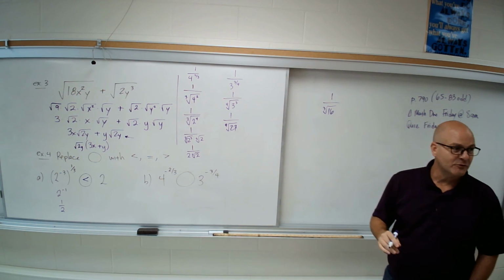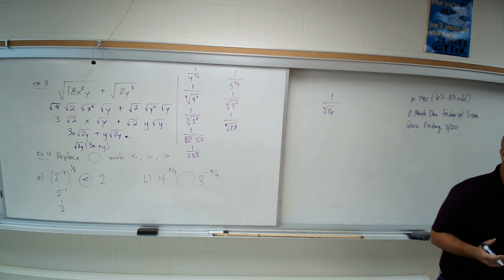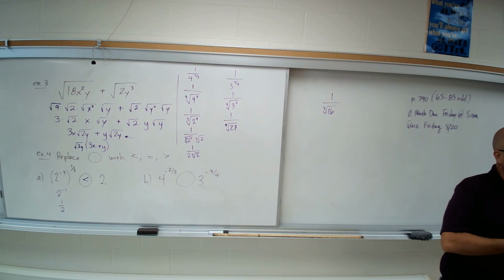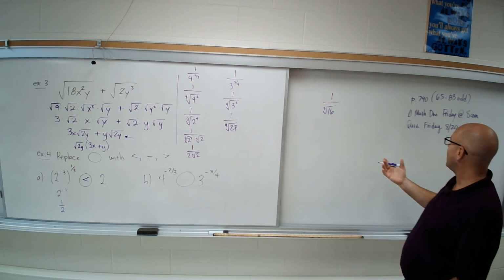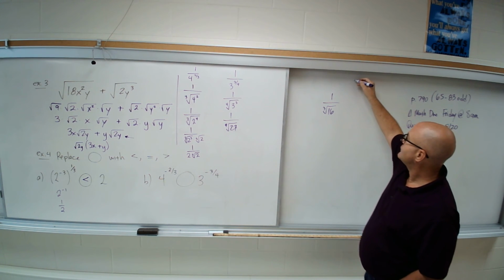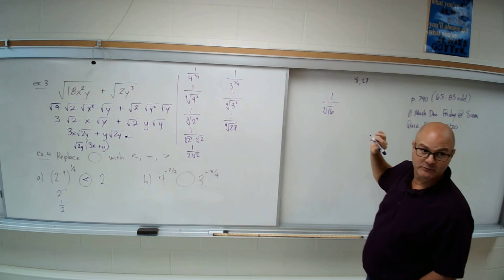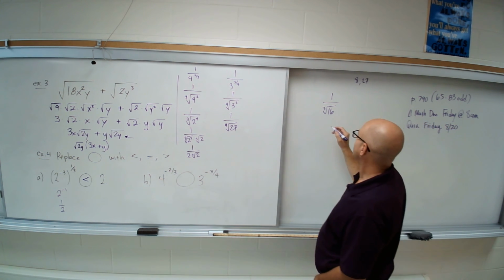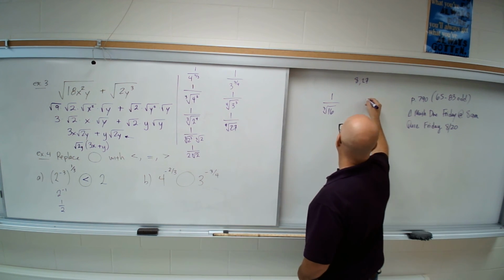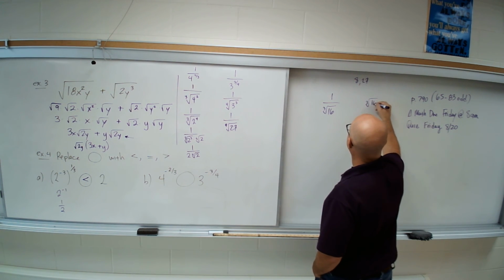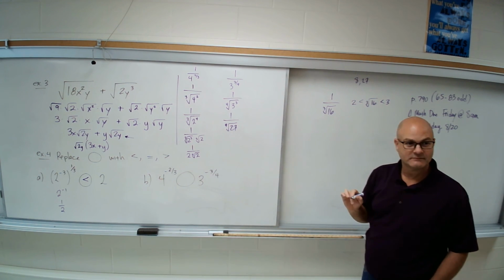Well, what do we know about the cube root of 16? What are our perfect cubes? 2 cubed is 8. 27. So it's somewhere between 2 and 3, right? The cube root of 16 is less than 3, but it's bigger than 2, right?